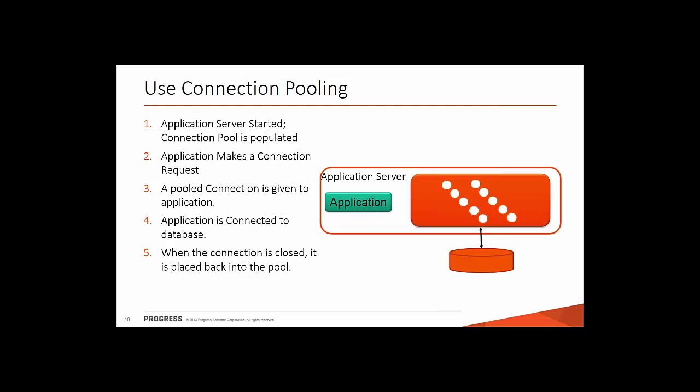If a connection matching your request is available, you will get it. If the pool does not have a connection matching your request, a new connection will be created. Your application will use it, and when it closes it, it will return to the connection pool so that it will be available for the next request. So creating connections as and when you require them and closing them as soon as your work is done is the best strategy when it comes to connection pooling.